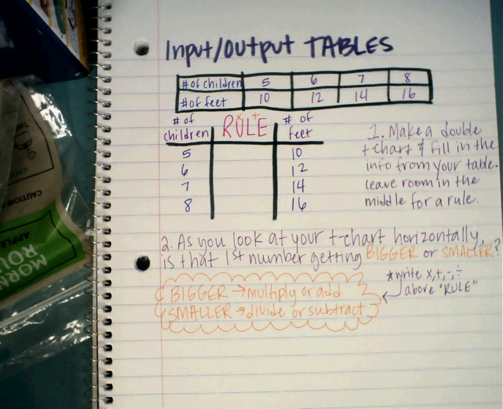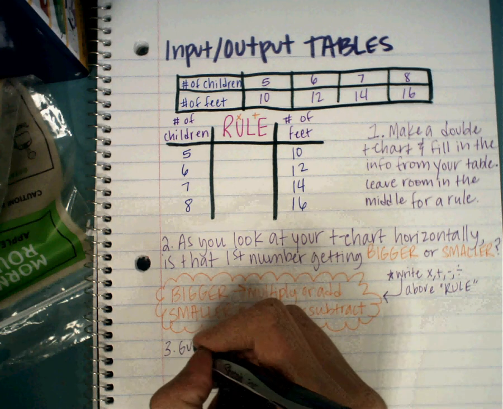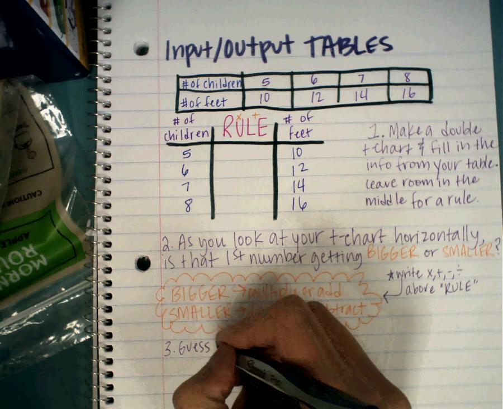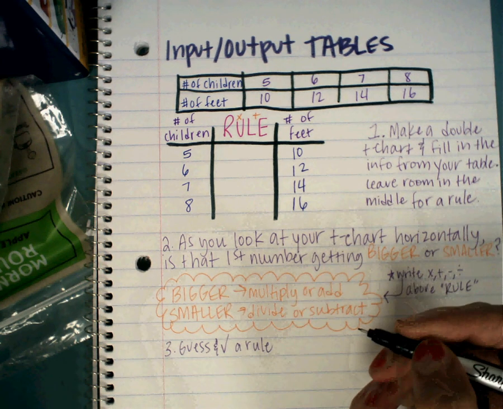So this third step is you're going to be guessing and checking a rule to get you from one number to the other. Okay? So step 3: guess and check a rule to get you from one number to the other.